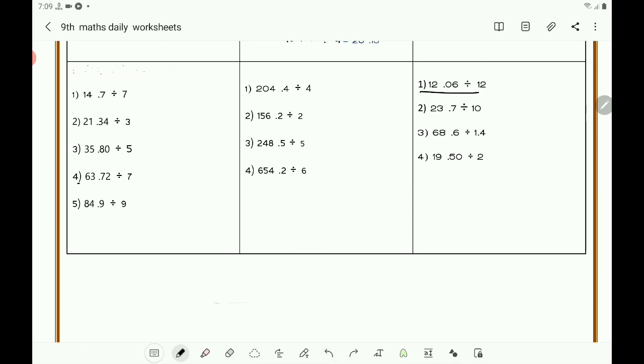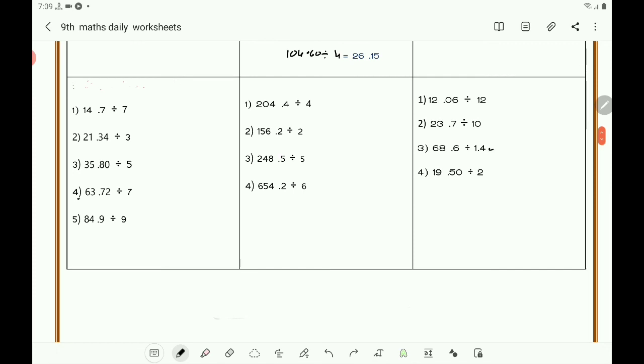Then 12.06 divided by 12. 23.7 divided by 10. 68.6 divided by 1.4 and 19.50 divided by 2.